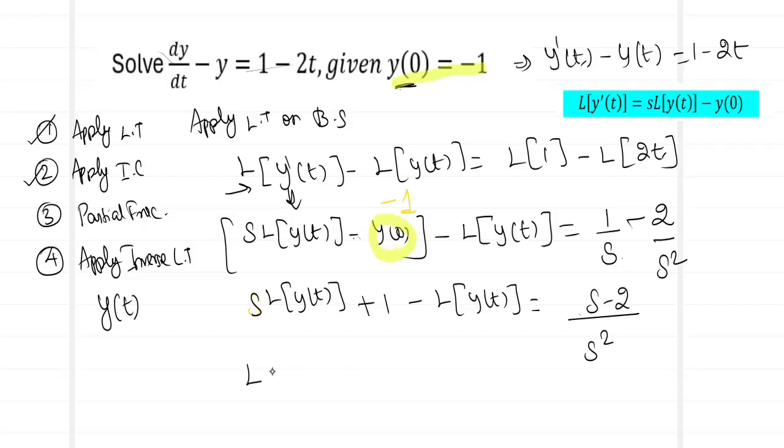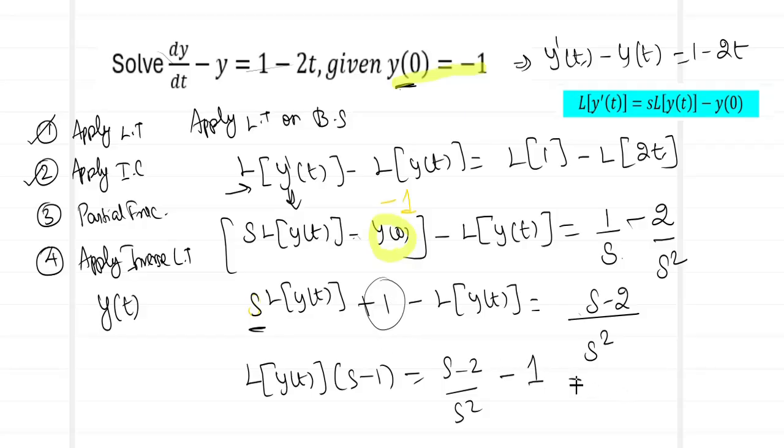Now try collecting Laplace of y of t so that the coefficient over here is s and over here it is minus 1. What is the extra factor? It is this plus 1. Take it to the opposite side, so you have this plus 1 replaced as minus 1. Now taking the LCM as s square, you have it as s minus 2 minus s square. So this is my right hand side.